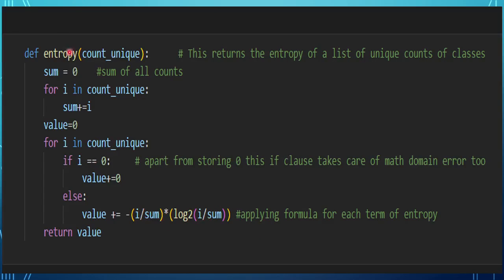First we calculate the sum of all the count unique, and then we apply the formula. We only do this if i is not equal to 0, otherwise there would be a math domain error. Also from the concept you can understand that when our observation is 0, it does not contribute anything to the entropy, so we can simply add the value 0.